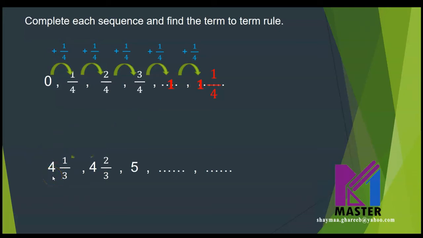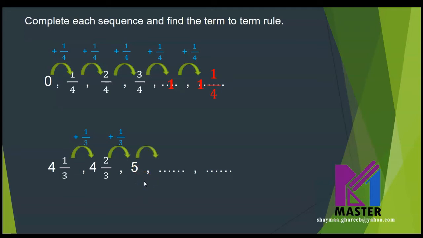So now let's try the next one. 4 and 1/3, then 4 and 2/3. So it seems that we're adding 1/3 every time. If I have 4 and 2/3, and I'm going to add one more third, it will be 4 and 3/3, which is one whole, which means the 4 will be 5.